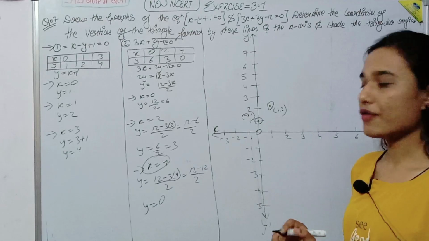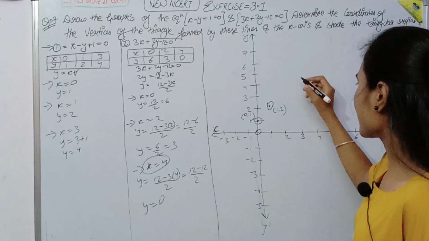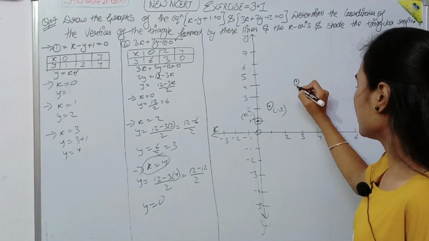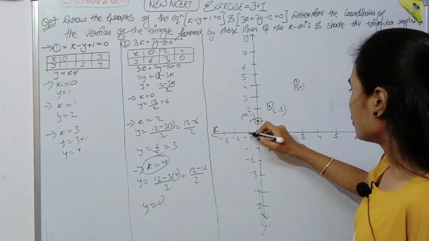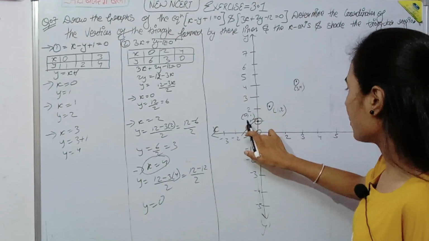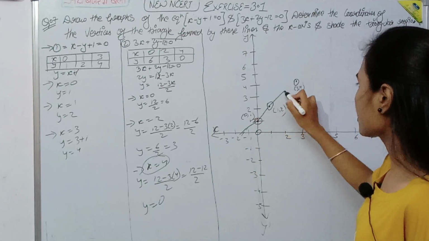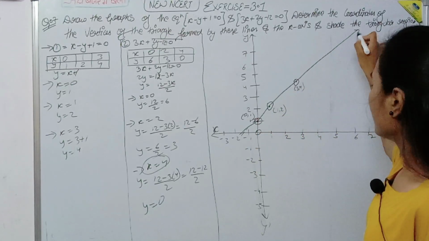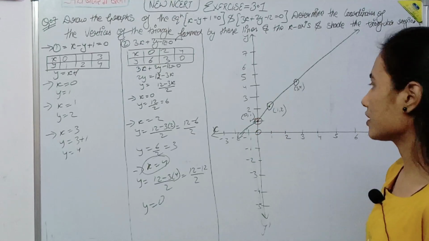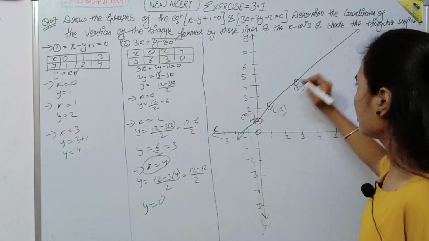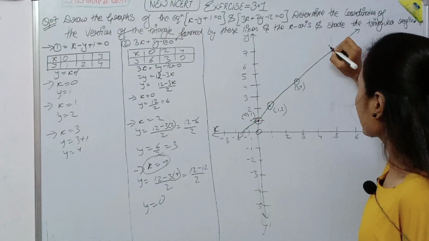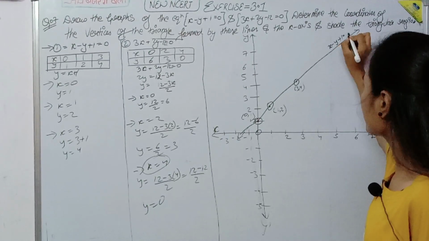Now 3, 4: on the x axis 3, on the y axis 4. This is the point 3, 4. Draw a line with the help of a scale, and this is the line for the first equation. So here we write the equation x minus y plus 1 equals 0.